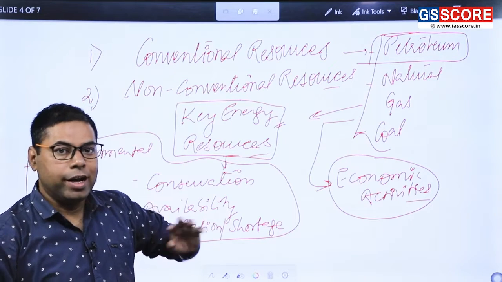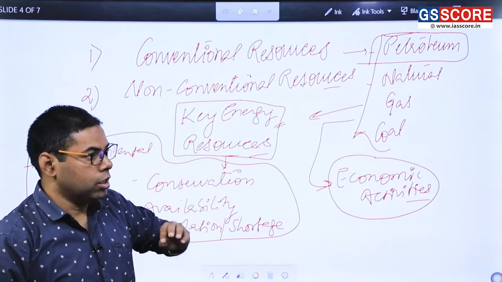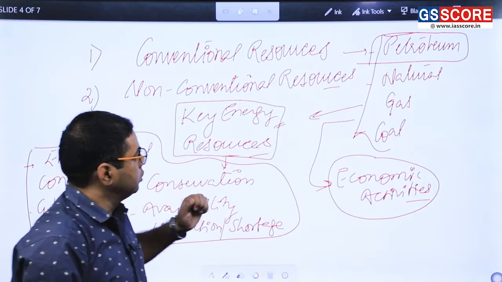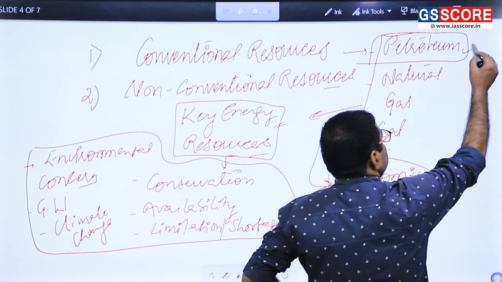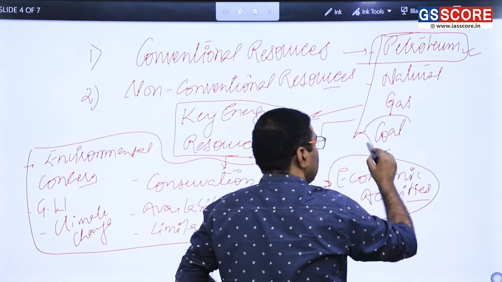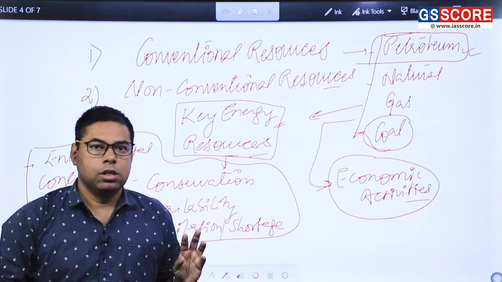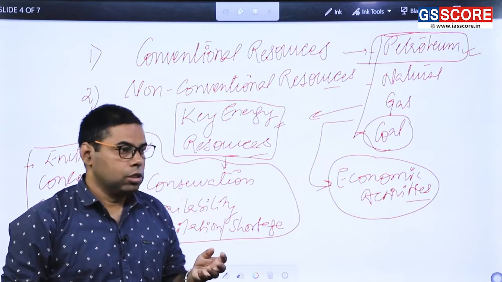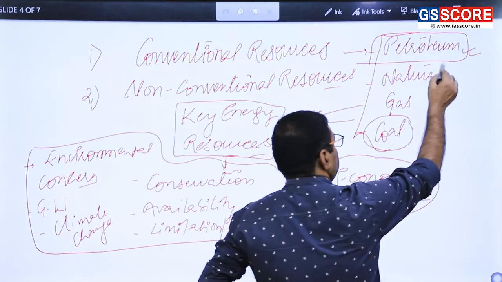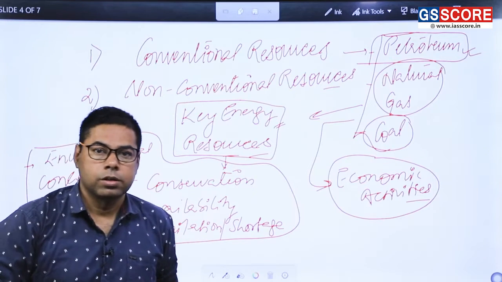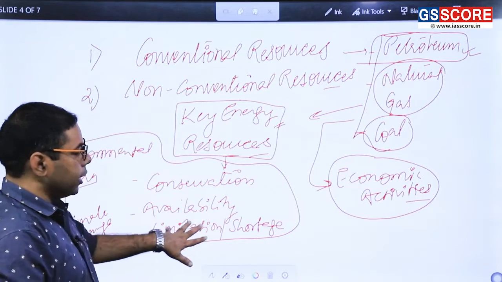So trade will collapse. So export and import will collapse. So in such a case, petroleum is important, and still coal is used as a primary source of energy, production of electricity. Natural gas is also one of the prime sources of energy in different parts of the world. So it is a key natural resource.